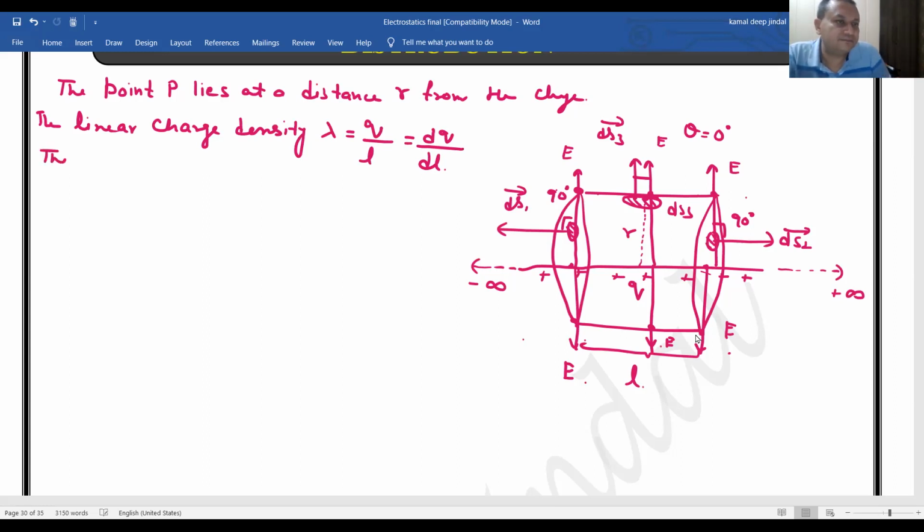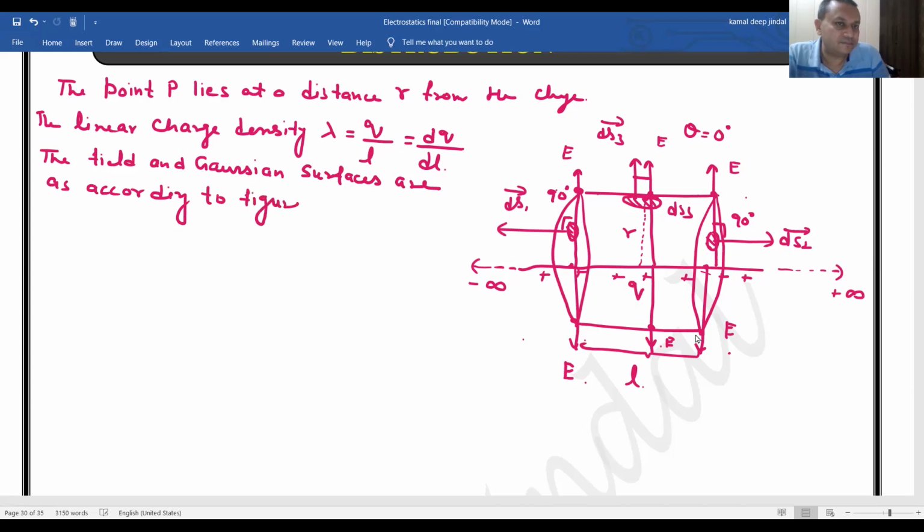The field and Gaussian surfaces are as according to the figure.